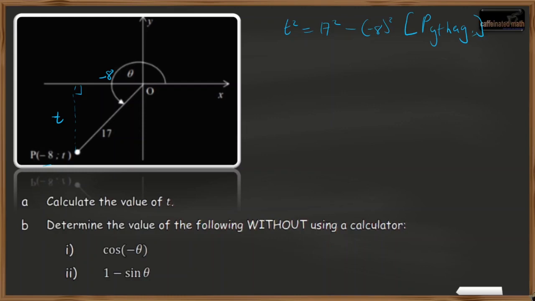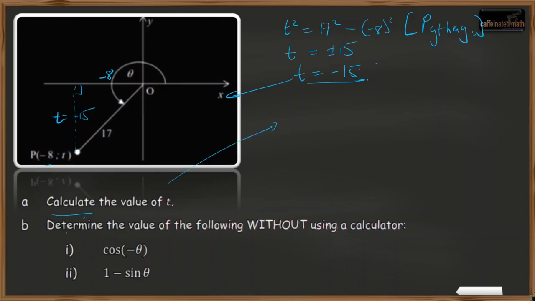That should be all fine. So t can be equal to plus or minus 15 if I complete it, and then because this is in the third quadrant and it's beneath the x-axis, the value we choose is minus 15. So this value should always speak to your diagram. There we go. t is equal to -15.